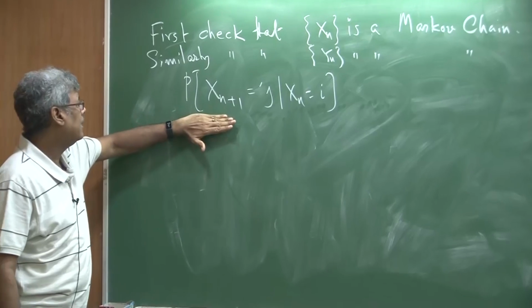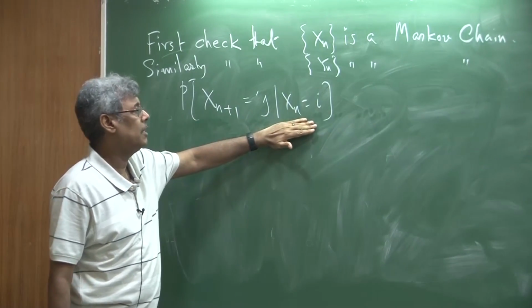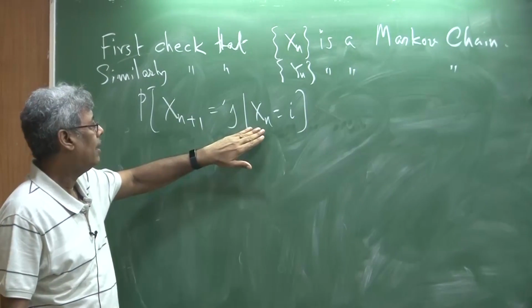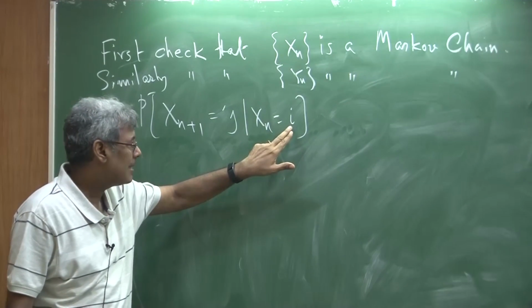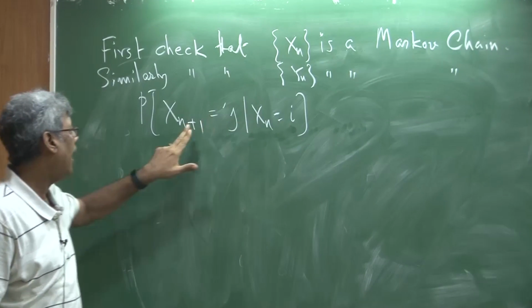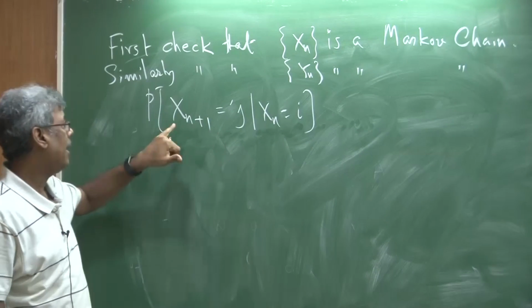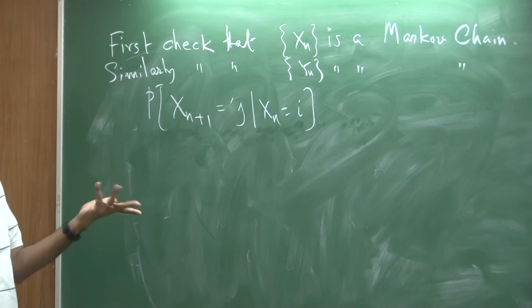So the probability that Xn+1 is equal to j given Xn is equal to i. That means, at the end of the nth game, player A has i amount of money, and at the end of the n+1th game, player A has j amount of money. So what are the possibilities?